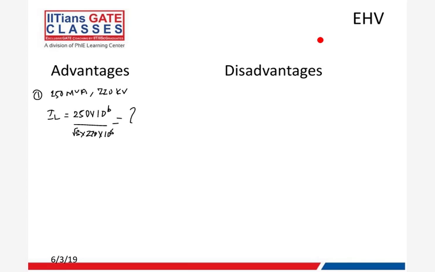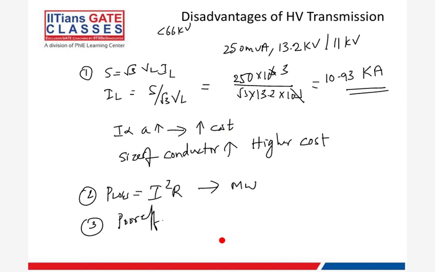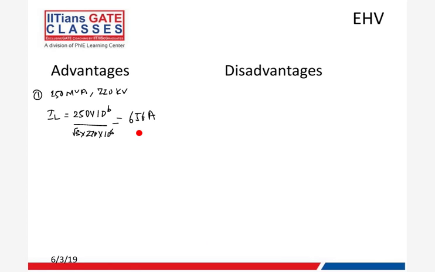So it will come as 656 amperes. If we compare this with what we got over here for the HV, it was 10.93 kilo amperes, that is 10,930 amperes, right?